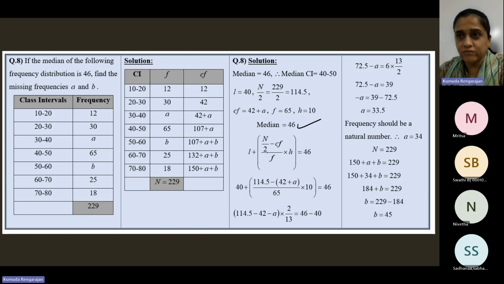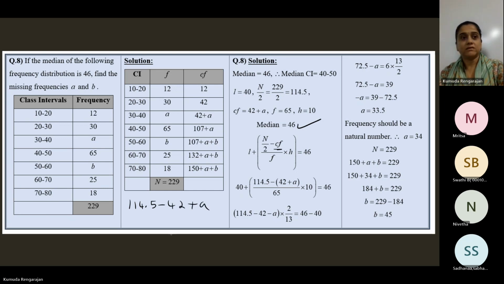Now under median, you should write the formula to find median. L plus N by 2 minus CF by F into H is equal to 46. Now substitute the values. When you're writing the value of CF, be very careful. It is minus CF. So don't write 114.5 minus 42 plus A like this. You should put a bracket, because if CF is one number, then you can write minus that number.